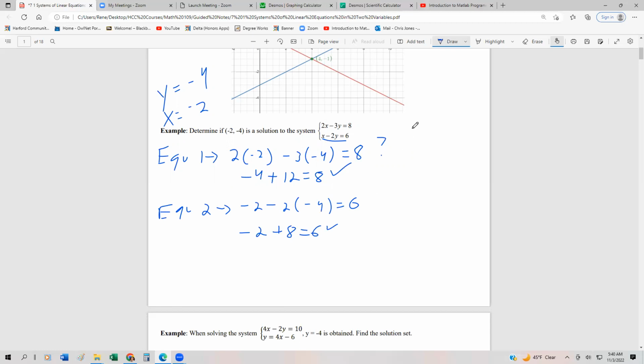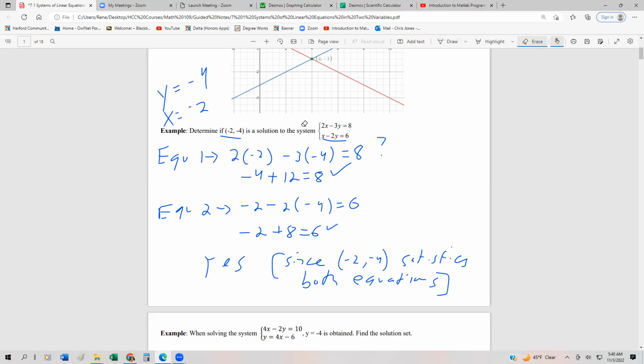And so the answer is yes, it is a solution, since (-2, -4) satisfies both equations. If either of them is not satisfied by the ordered pair, then it would not be a solution.